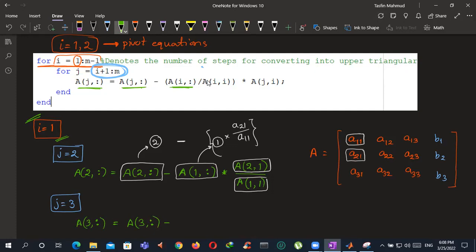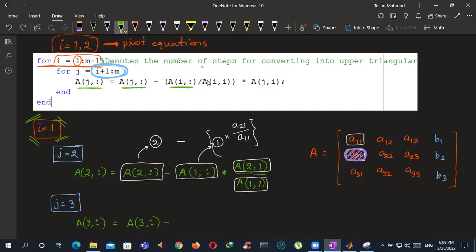The value of I is still 1. By the way, we have eliminated this term already. A 2-1 term has been eliminated. Now we want to eliminate this term, a 3-1 term. That's why we are doing this thing.